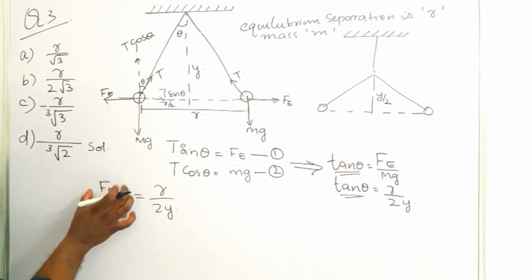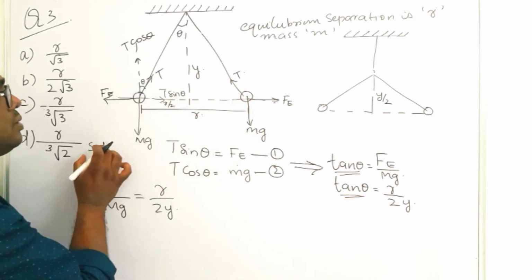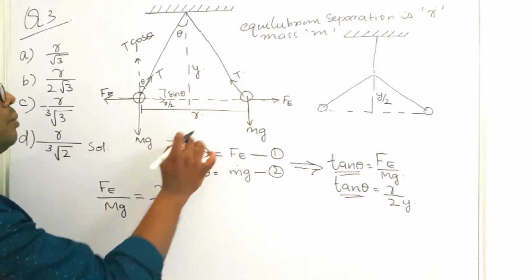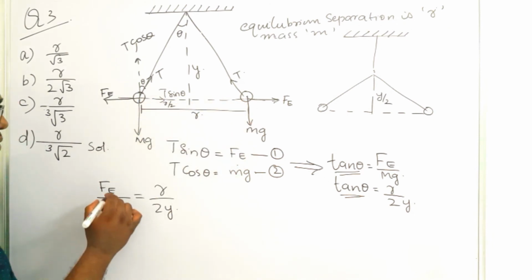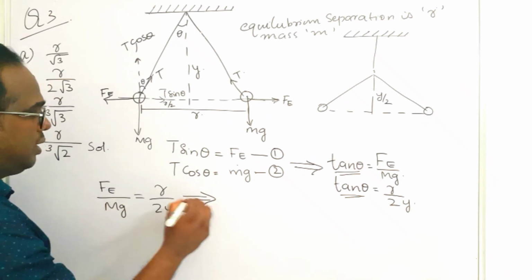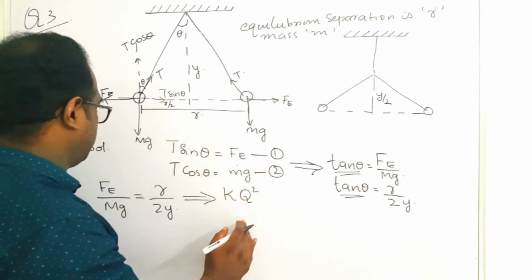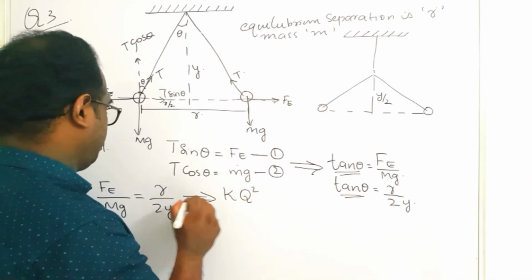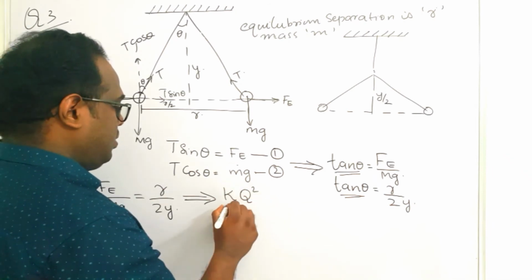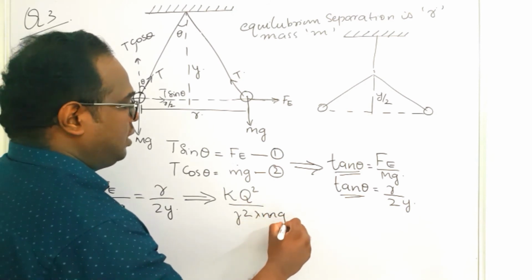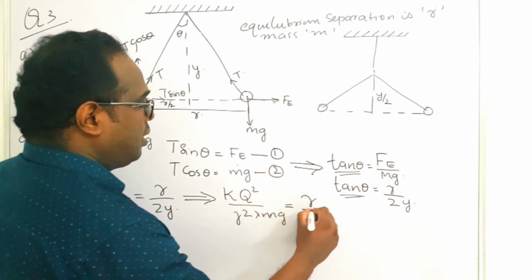Correct? What is the electrostatic force between these two charged balls? That will be K Q1 Q2 by r square. Both the charges are the same, so you can write it as K Q square by r square into mg, equal to r by 2y.